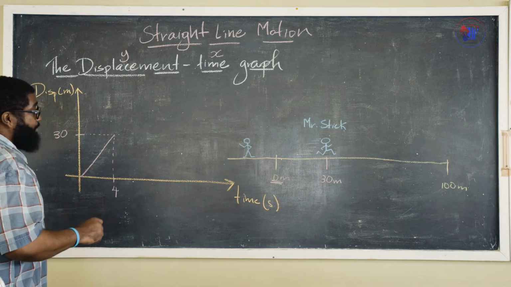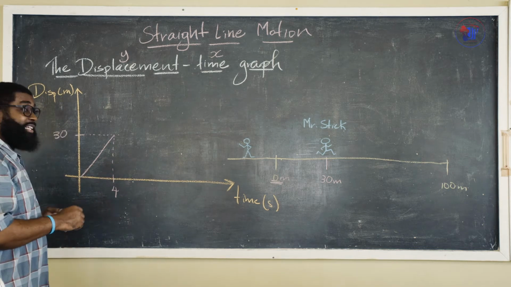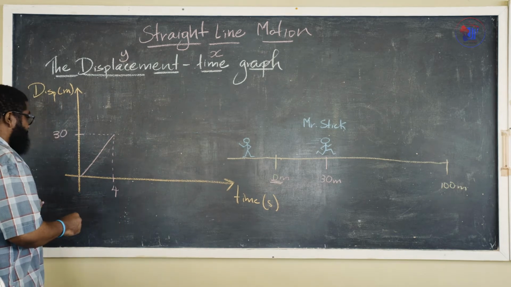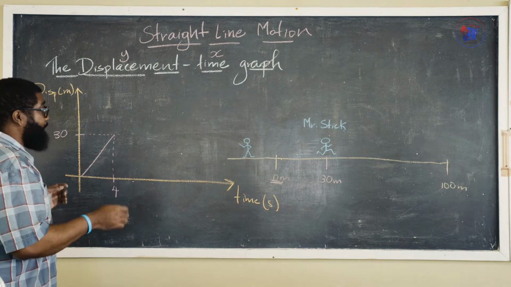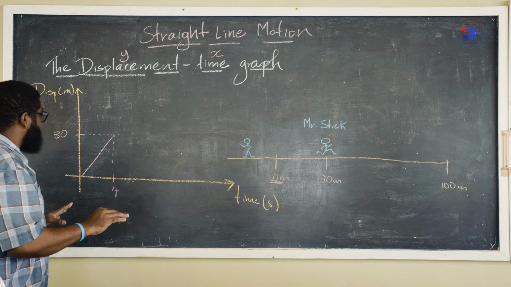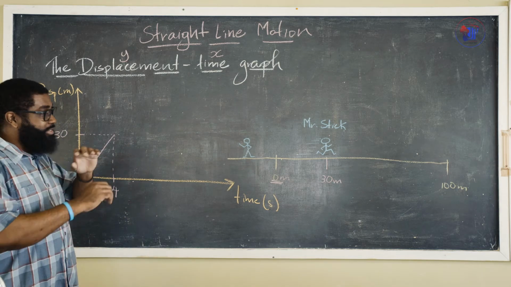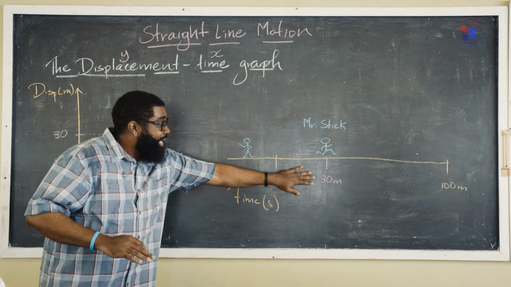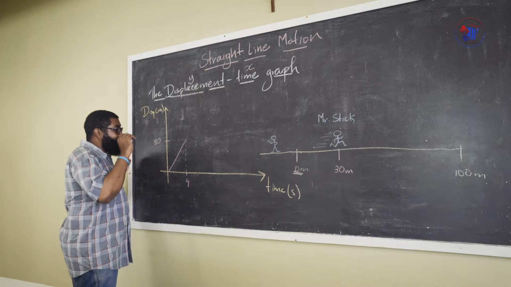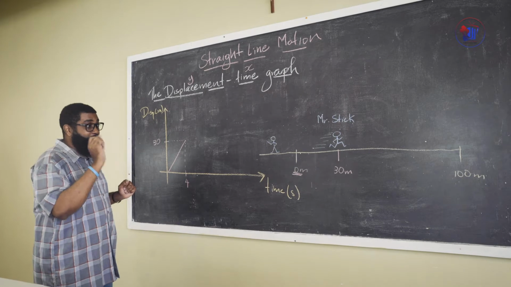Now, Mr. Stick gets to this point and a cramp gets Mr. Stick. So Mr. Stick pulls up immediately. He stops running. If Mr. Stick stops running, just doesn't even walk or move at the 30-meter mark, his displacement will not change.